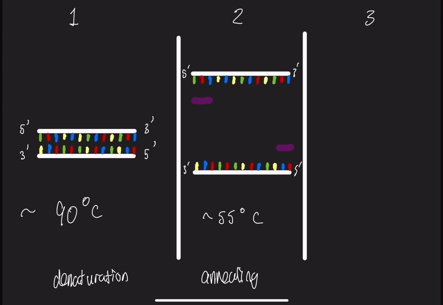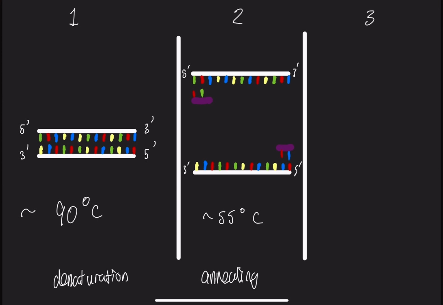Our primers also have their complementary base pairings like that, and we'll put it for this one too. This is essentially how the primers will look. So we have our primers with the complementary base pairs, and they anneal to that strand.